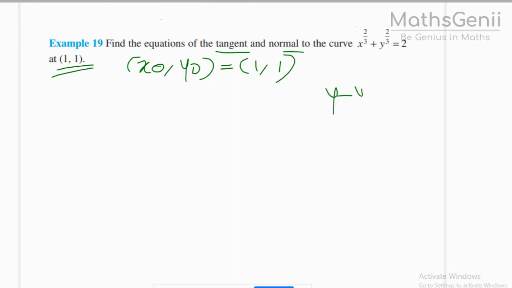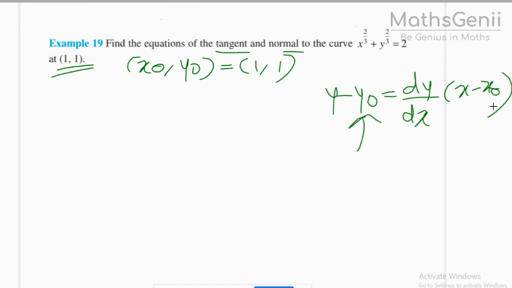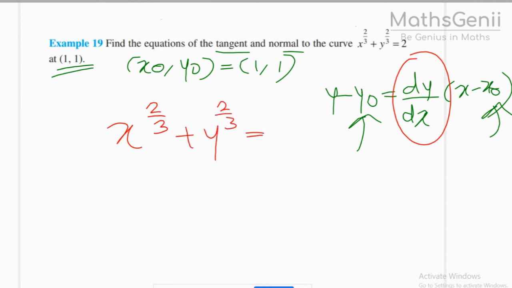According to the formula of the equation of tangent, you want y naught, you want x naught, which is already there. What you don't have is dy by dx, so we can easily find dy by dx. So this is your question, and now I'm going to find dy by dx. The x raised to n formula: n x raised to n minus 1. So 2 minus 3 minus 1, minus 1 by 3, plus again in place of x you have y.